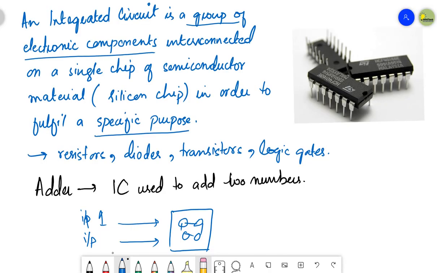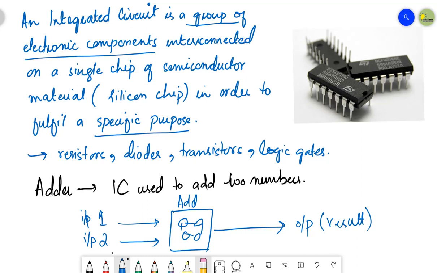Two inputs are going into the circuit and it gives you a single output. And what is the purpose of this adder? It is going to add the numbers, right? The two inputs received by the adder are added and it gives me the result of it at the output line. So this is the purpose of the adder.